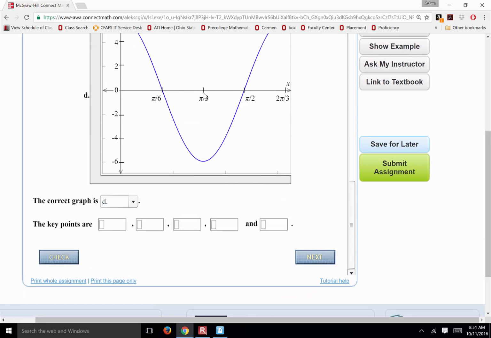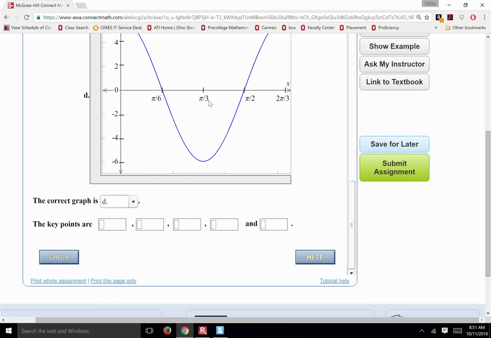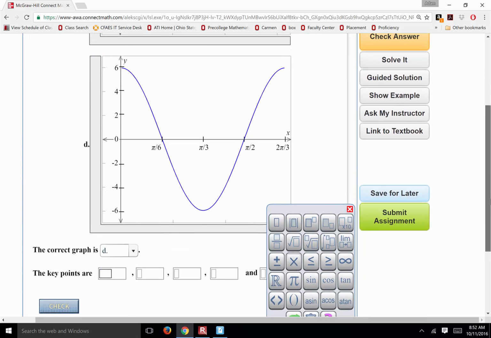We didn't mark it, but the midpoint is pi over 3. This mid value is always half of the end value. 2 pi over 3 becomes pi over 3. It's more visible here. And they're asking for key points.